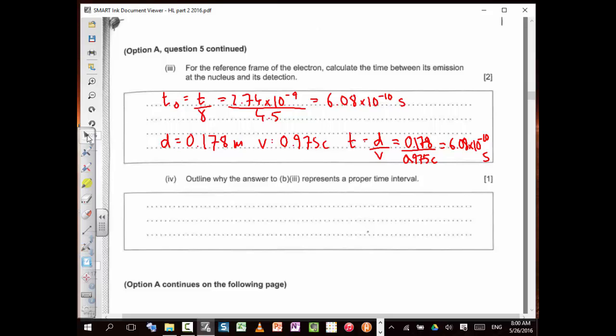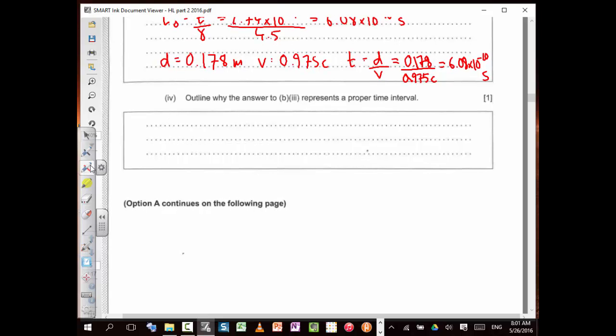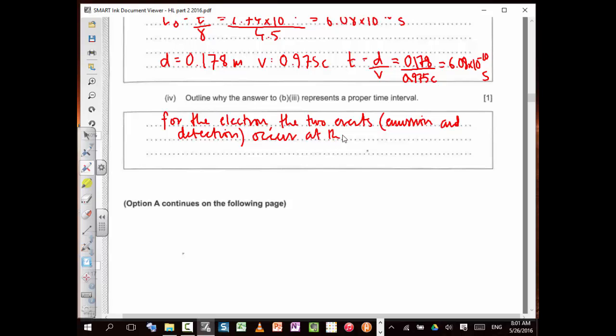Seconds. Okay, outline why the answer to B3 represents a proper time interval. Okay, because, well, we can say for the electron, the two events, emission and detection, occur at the same point in space.